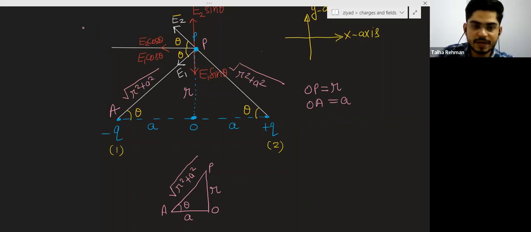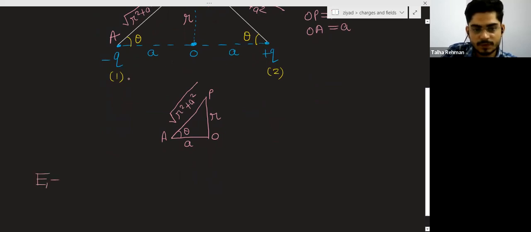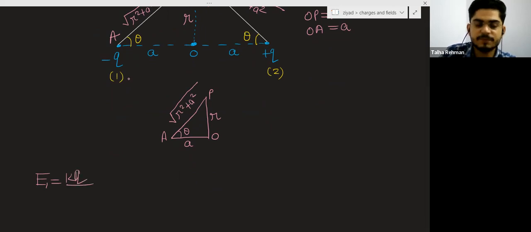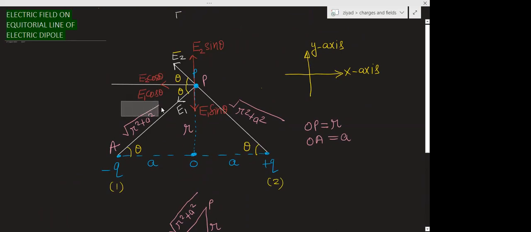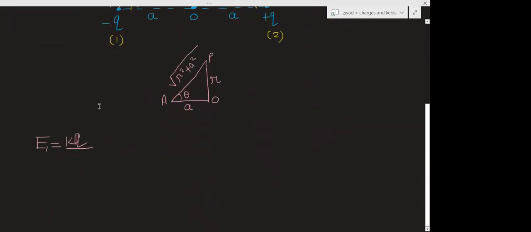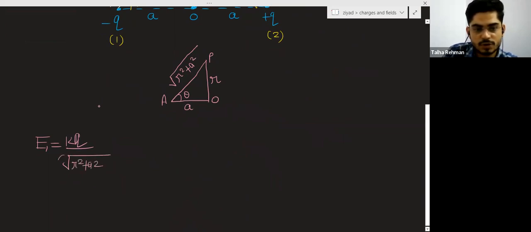So if I want to calculate electric field E1, I will write KQ divided by the distance between this point 1 and point P. This distance is R square plus a square, under root, and whole square of this.